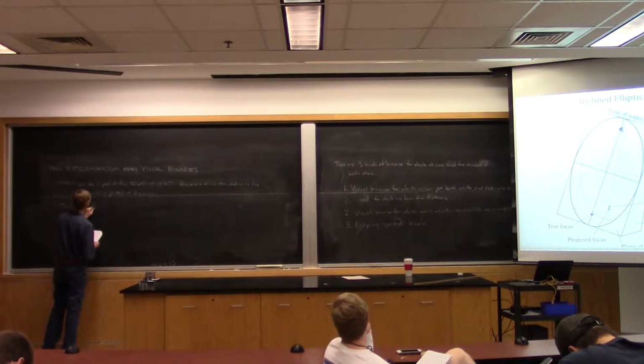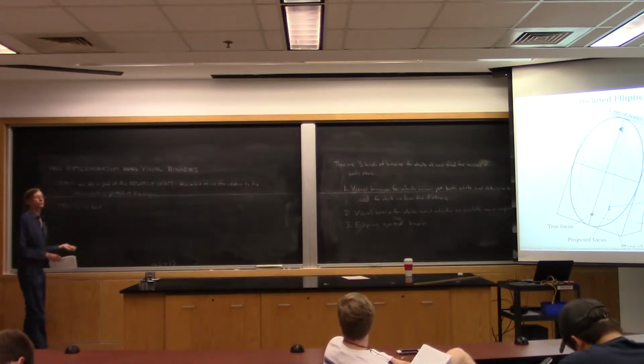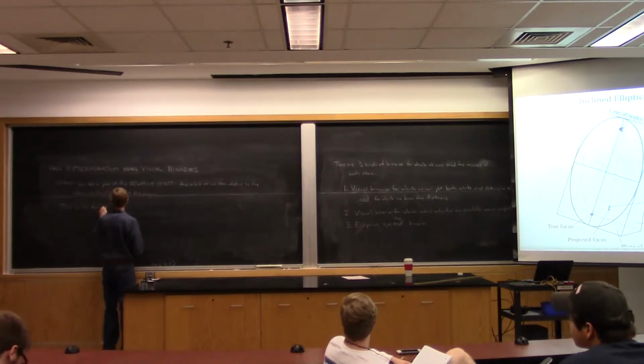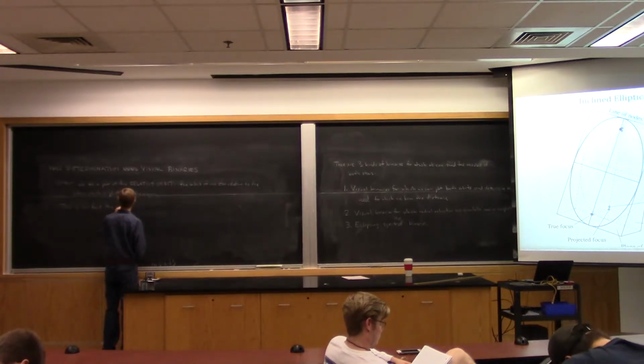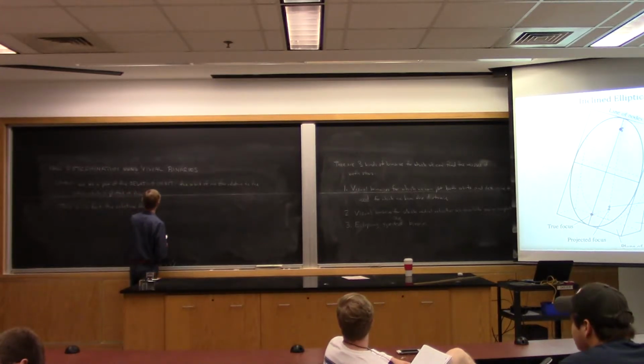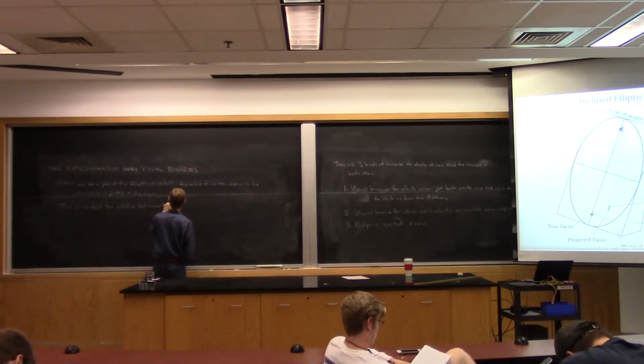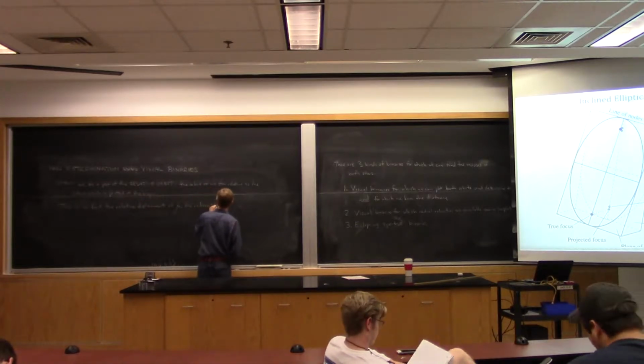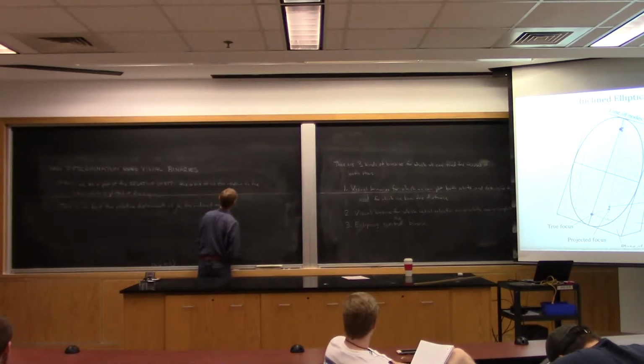This is, in fact, the relative displacement of the reduced mass. So you're really plotting mu when you do that.